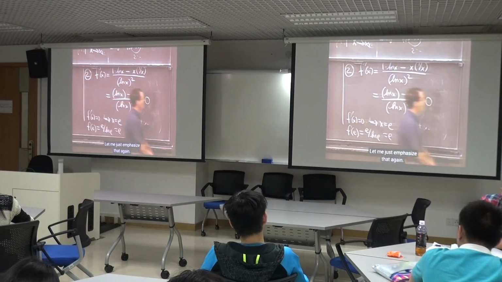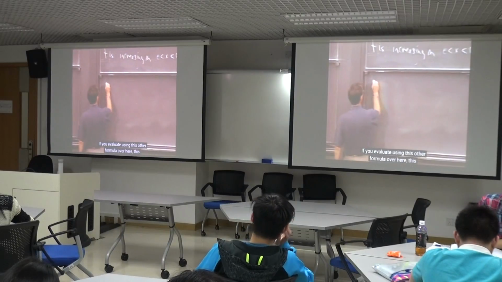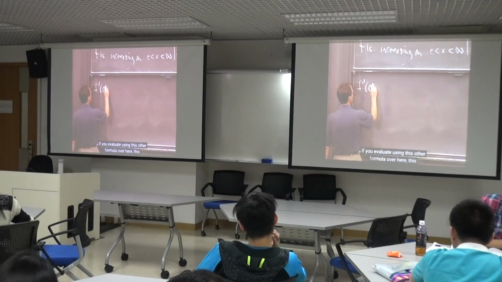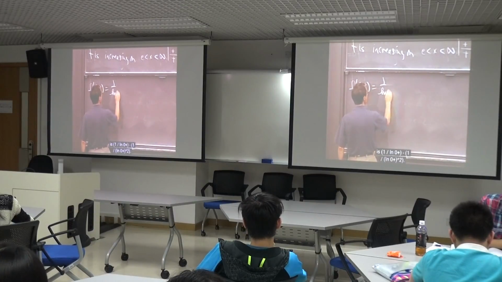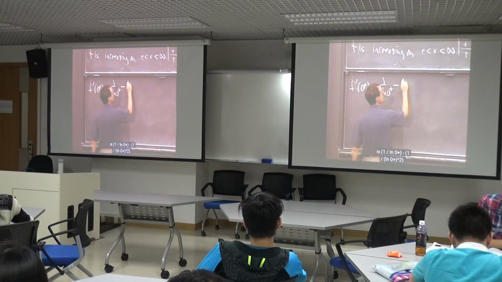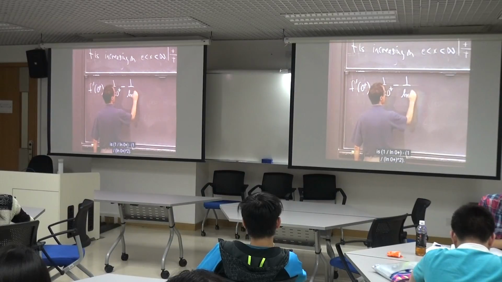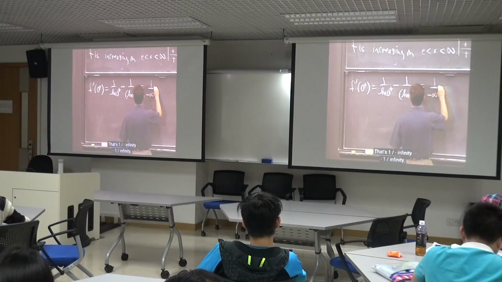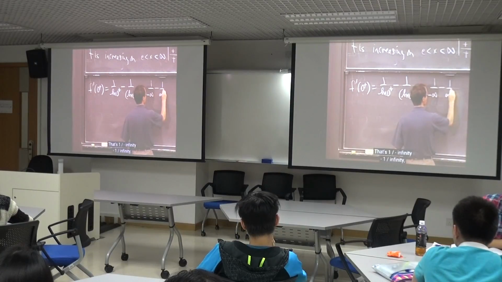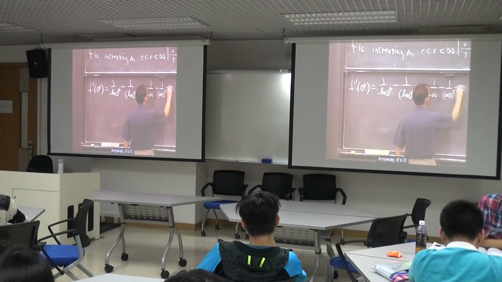Let me just emphasize that again. If you evaluate using this other formula over here, this is 1 over log 0 plus minus 1 over log 0 plus squared. That's 1 over minus infinity minus 1 over infinity, if you like, squared. Anyway, it's 0.